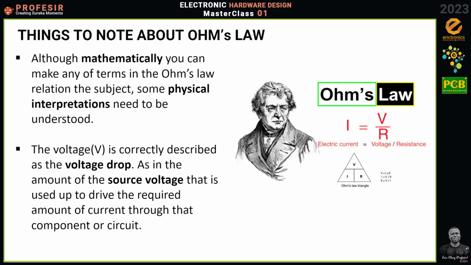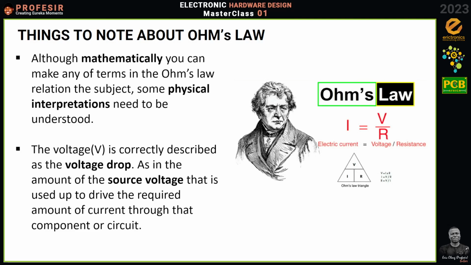So the voltage is correctly described as voltage drop, as in the amount of source voltage that is used up to drive the required amount of current through the component. Technically speaking, the voltage that gets dropped is a reaction to the current that is flowing.